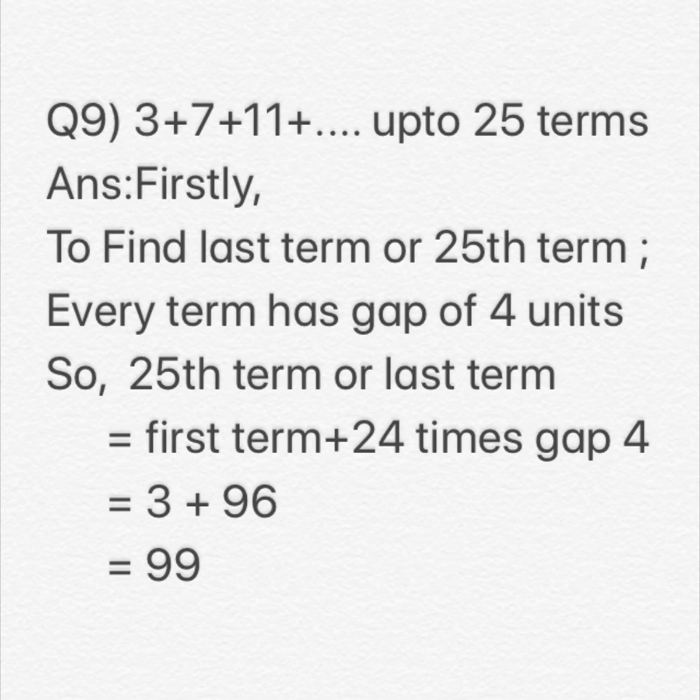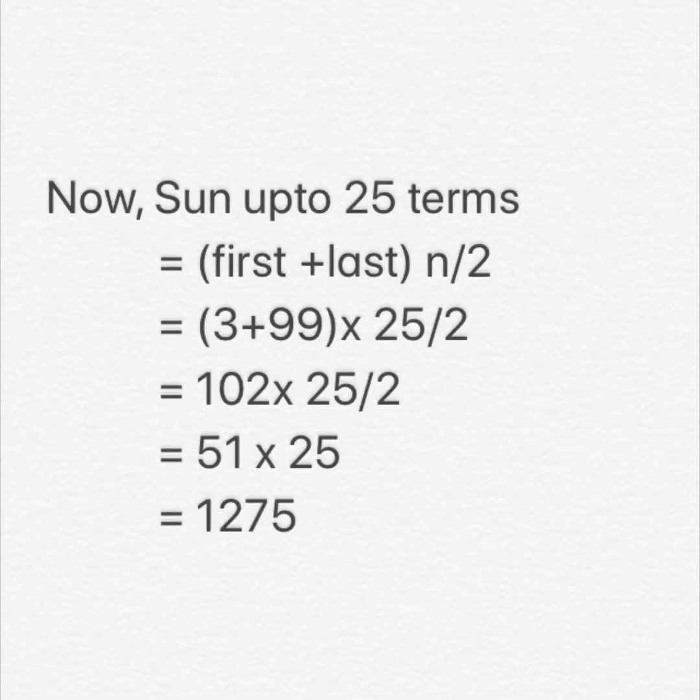Now you may be wondering, what next? This is what we know already, that the sum up to 25 terms can be found by using the formula: first term plus last term, and this sum is multiplied by the number of terms divided by 2, meaning half of the number of terms. So the first term is 3 and the last term we have recently found, 99.